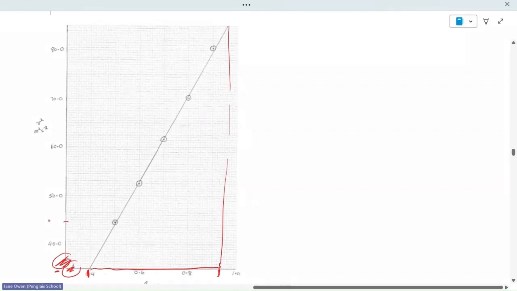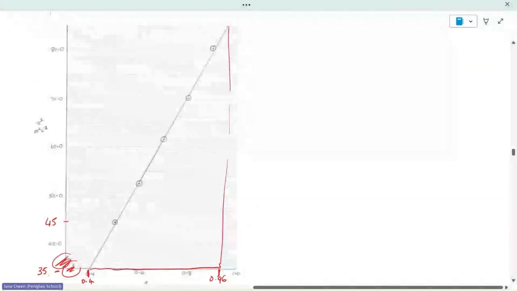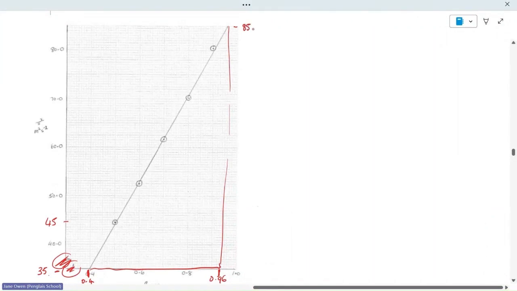So if this is kind of like 45 here, this will be 35 here. And this is 0.4 here, this will be 0.9, and it looks close to 0.96 here if I follow it up. But use a ruler and show your read-offs. This will be 85 here, I think, 85.